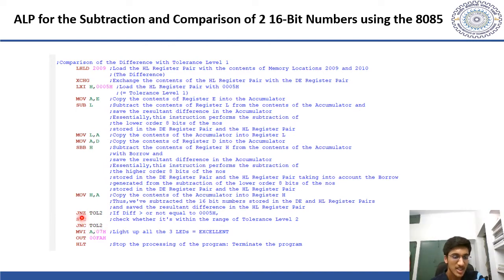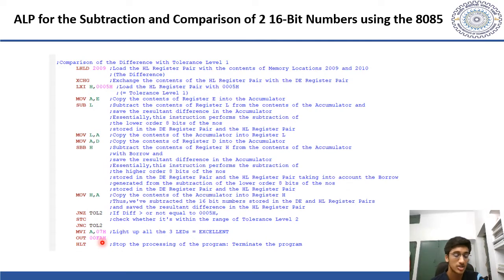Consequently, once it has passed either of these two conditions, that is, it has either set the 0 flag or set the carry flag, that is essentially generated a borrow, then we move on to light the required LEDs. In this particular case, since the tolerance value is quite small, we find that the person's enunciation of that particular word is quite close.